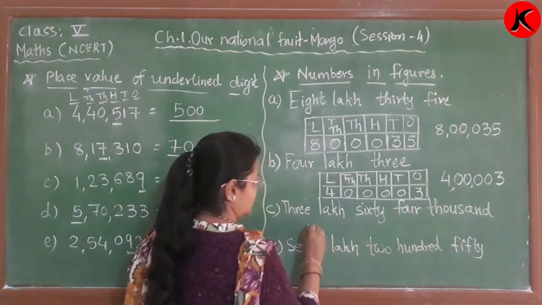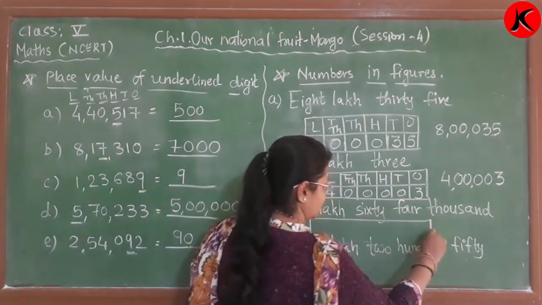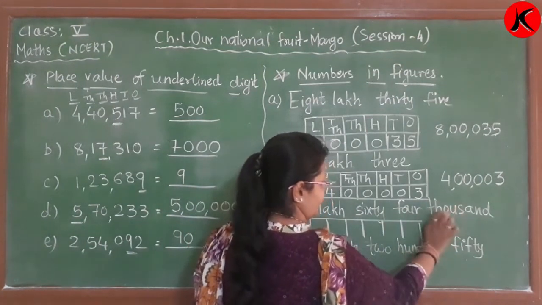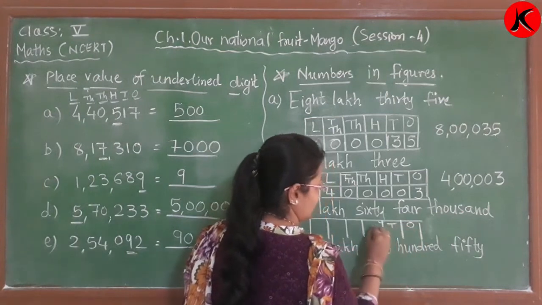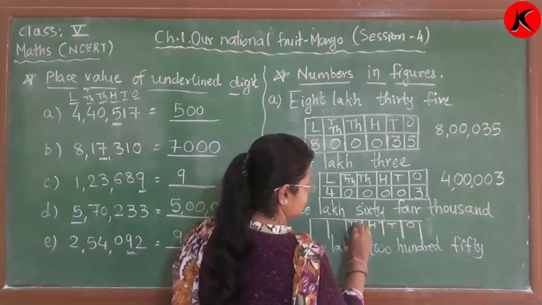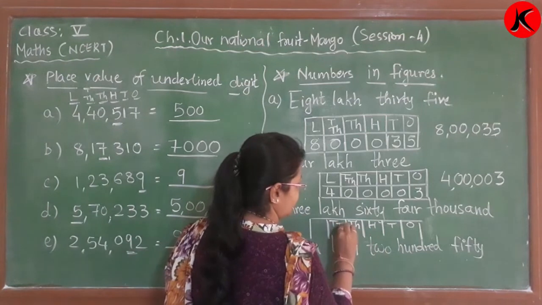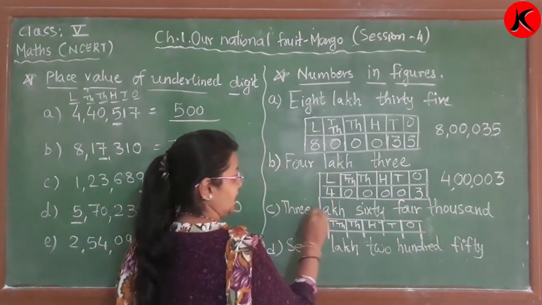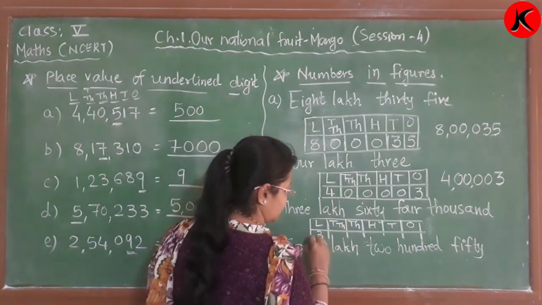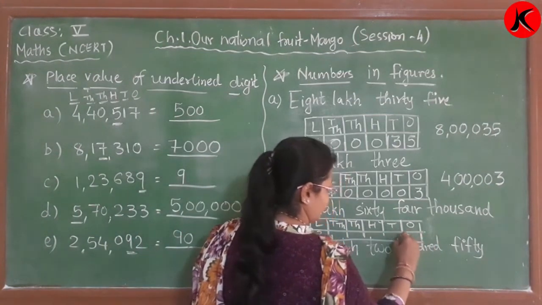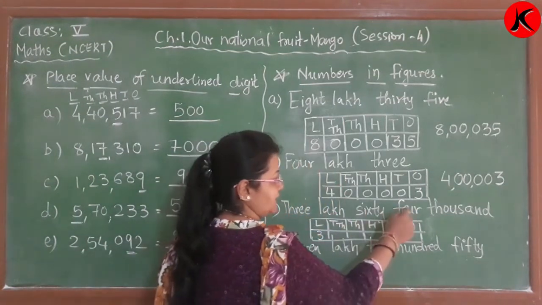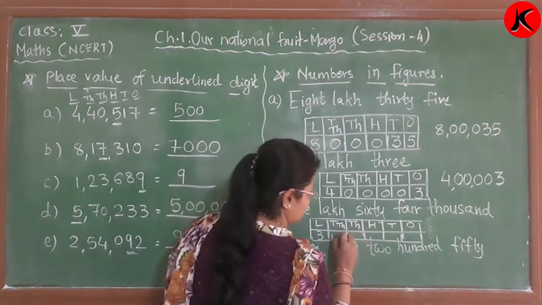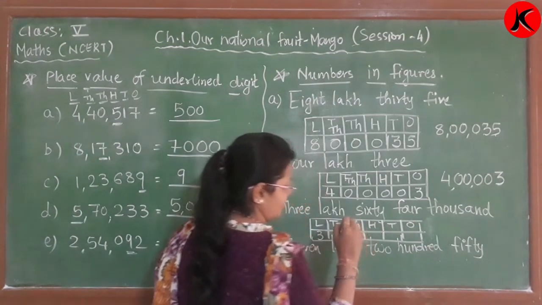Now here 3 lakh 64,000. So place value table: ones place, tens place, hundreds place, thousands place, 10,000s place, and lakhs place. Now write the number. 3 lakh, so on lakhs place there is 3. 64,000, so here 10,000s and thousands.